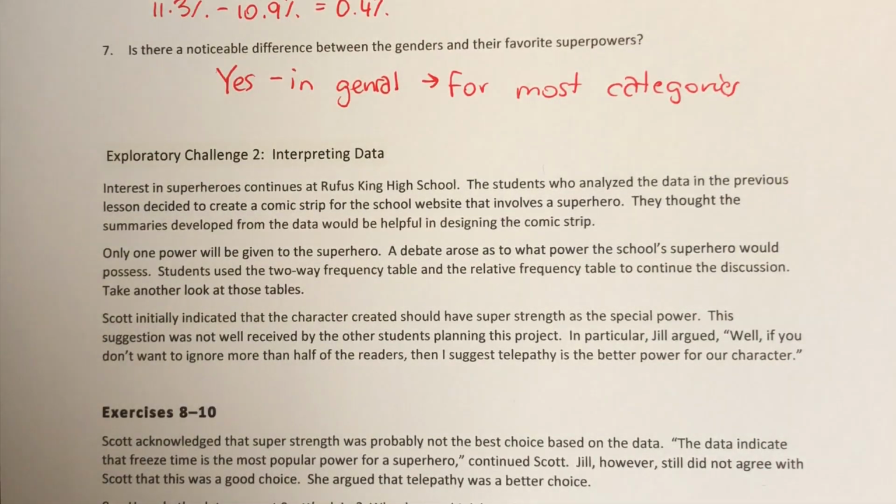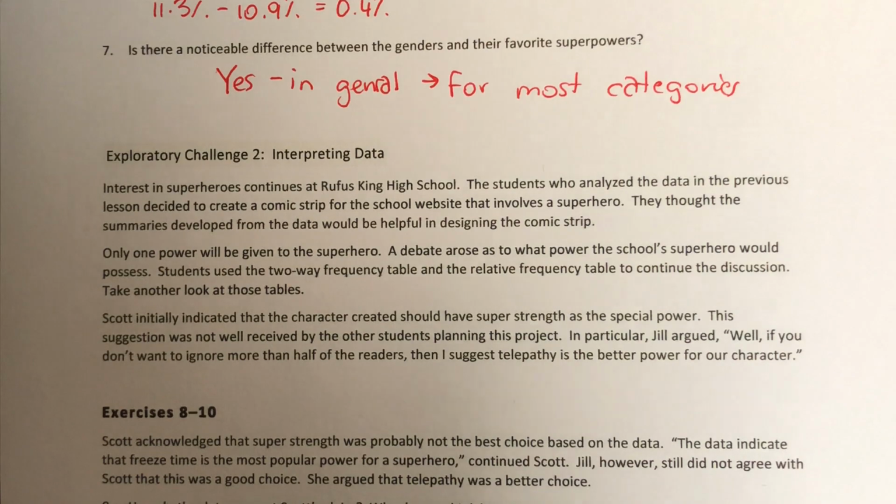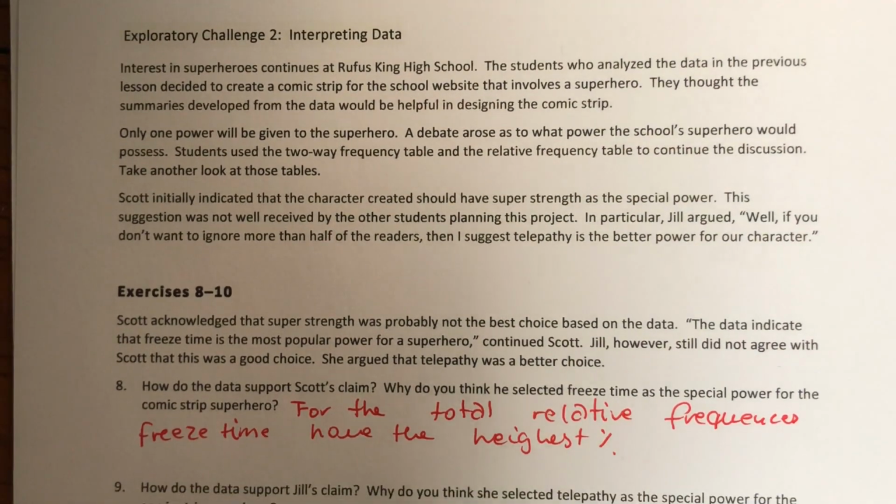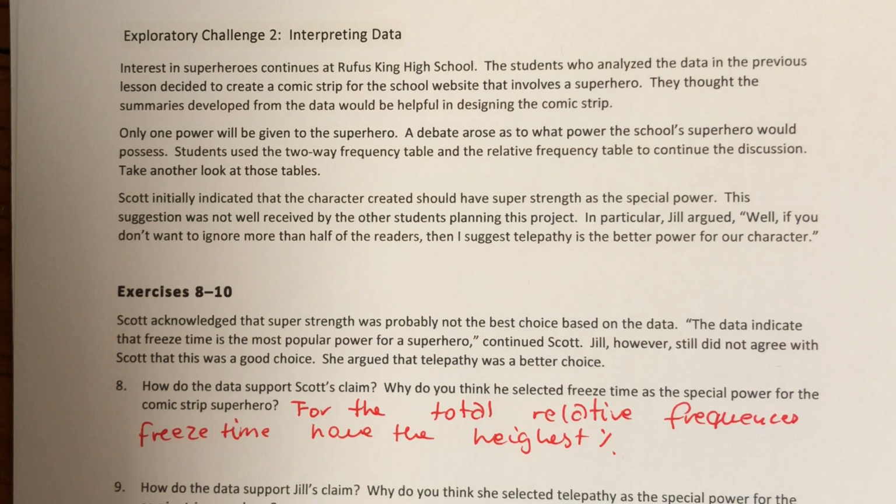They thought that summaries developed from the data would be helpful in designing the comic strip. Only one power will be given to the superhero. A debate arose as to what power the school superhero would possess. Students used the two-way frequency table and relative frequency table to continue the discussion.